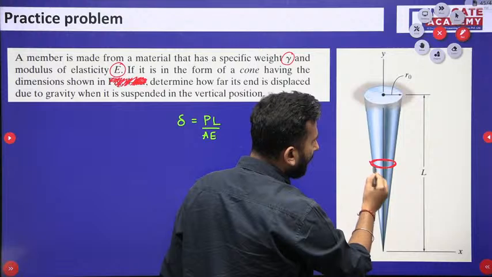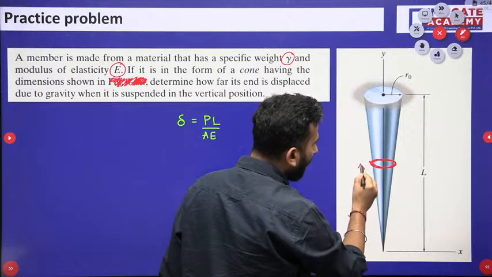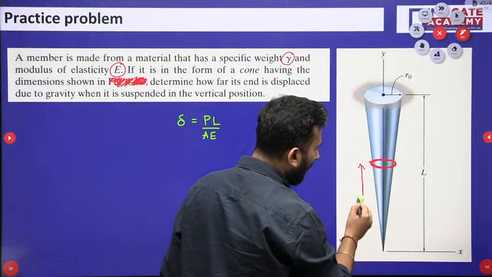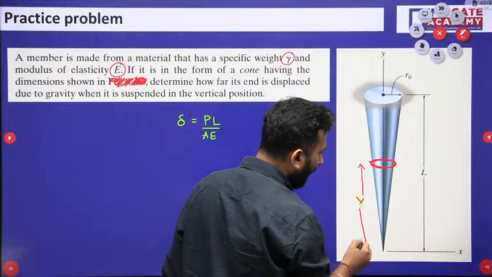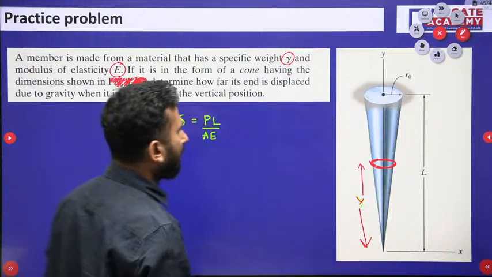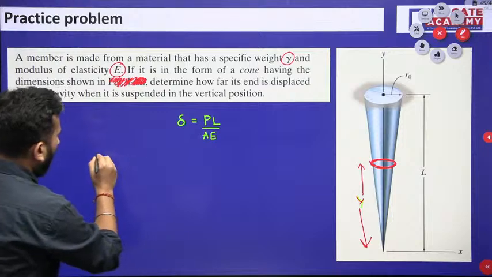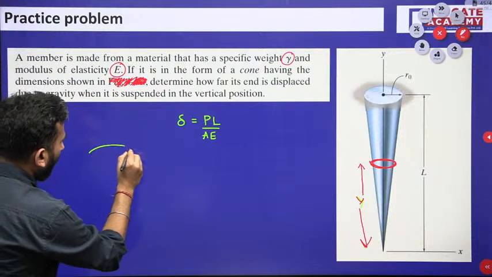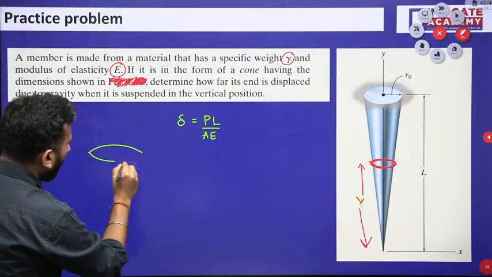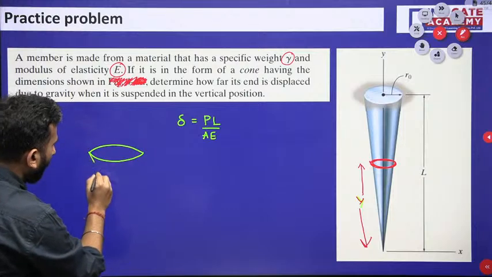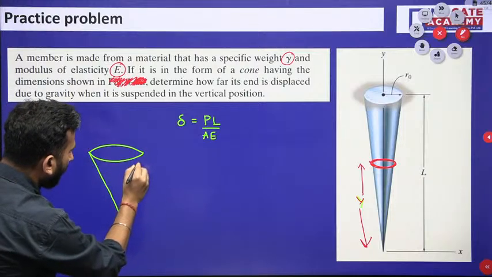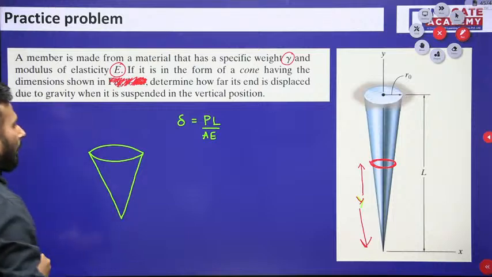At this section, at height y, I'll be analyzing it. So let's say I've taken a cone at height y. Is it clear?